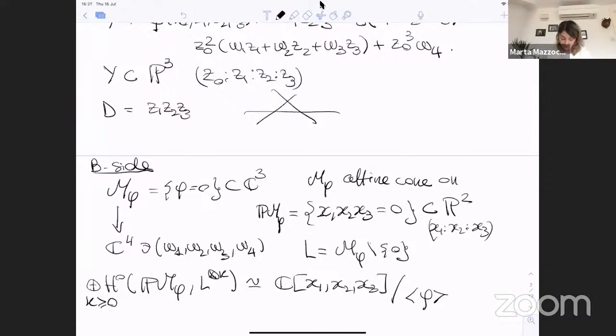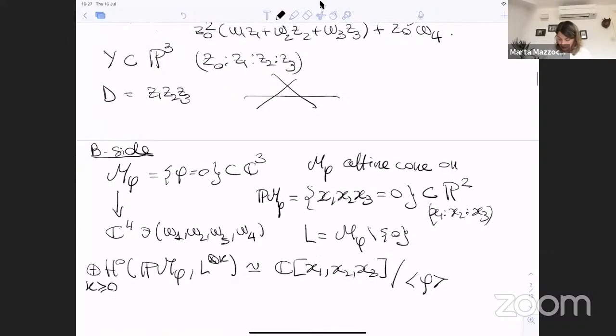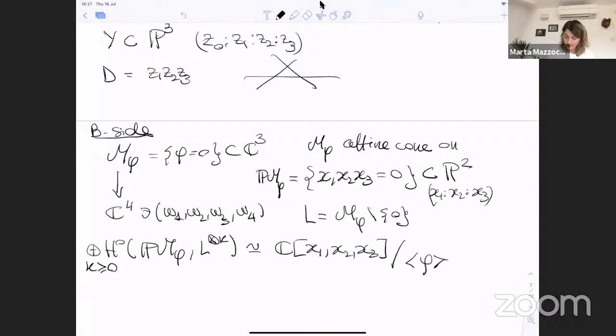So what I'm going to do today, we are going to give a quantization of this object here, of this ring of sections. So in the Gross-Hacking-Keel situation, the elements in this ring of sections are the so-called theta functions.